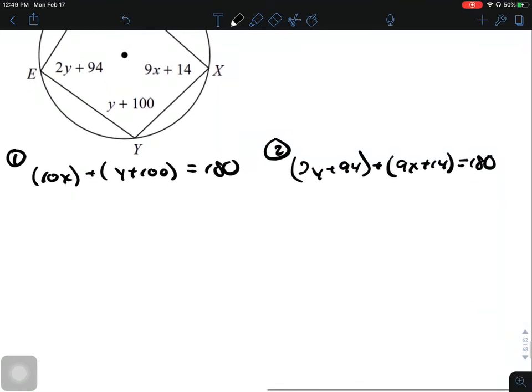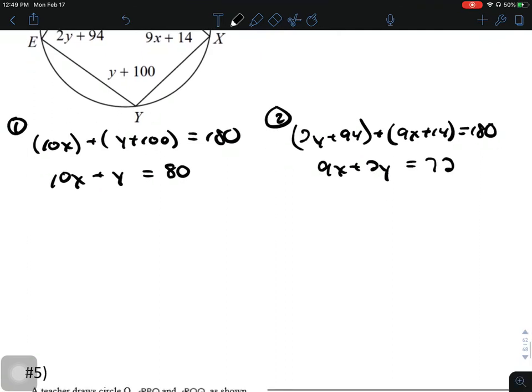Let's simplify each of these. I'm going to subtract 100 from both sides here. This other one, I get 9x plus 2y. I'm going to subtract 94 and 14 from both sides and get 72. I'm going to solve this first equation for y.